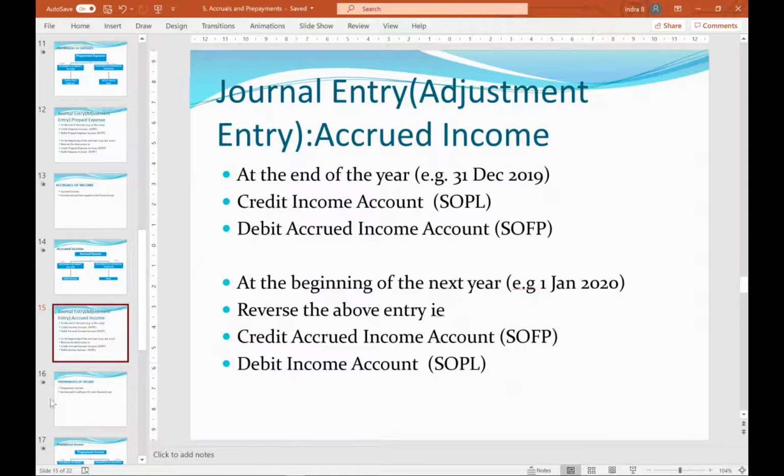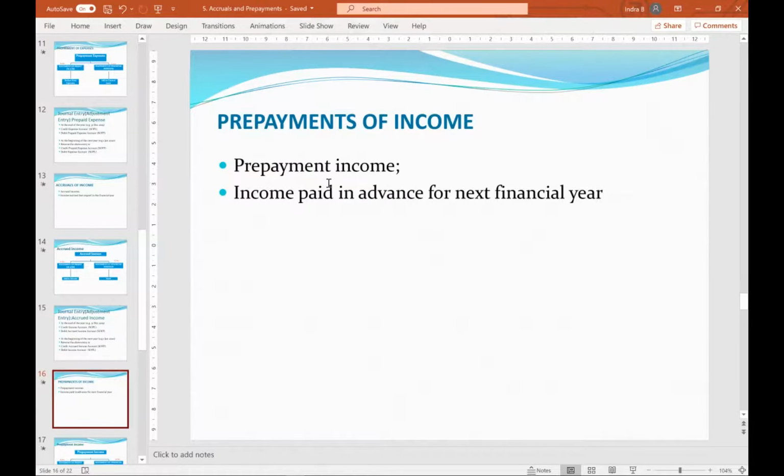All right. Similarly, there is prepayment of income as well. We have received the money in advance. So we have to deduct that from our accounts because we have to show only the amount related to this period. What can be the prepayment of income?